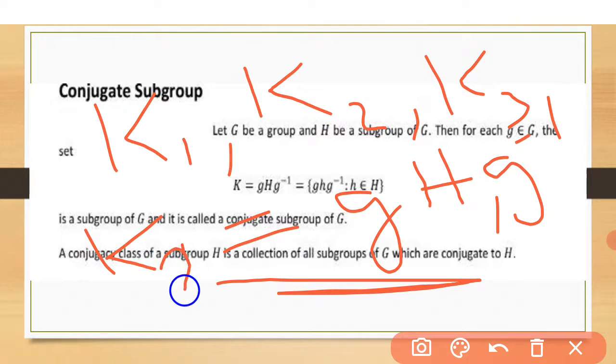Similarly, we get K2 by g H2 g inverse, and K3 by g H3 g inverse.